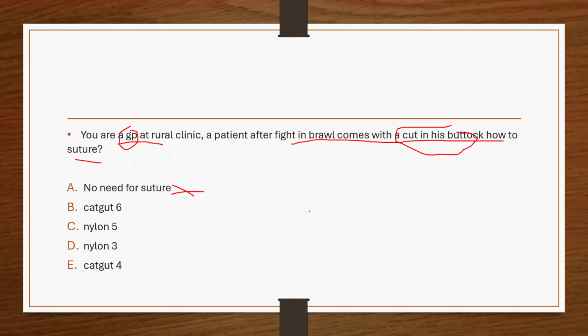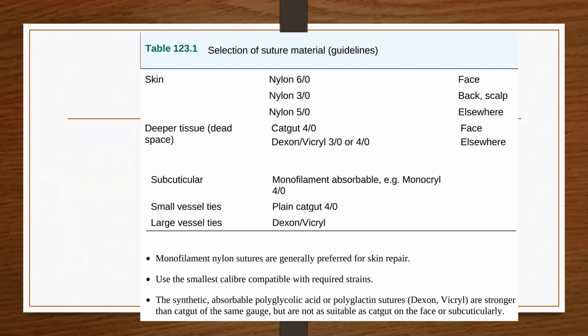Now this I have taken from your reference book, John Murtagh's General Practice, or JM. They have a nice table giving the different suture materials: for skin, deeper tissue, subcuticular, small vessel, large vessel.